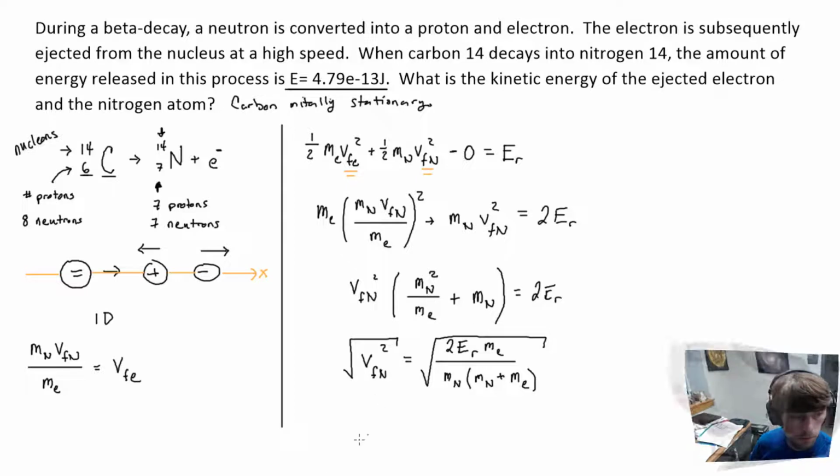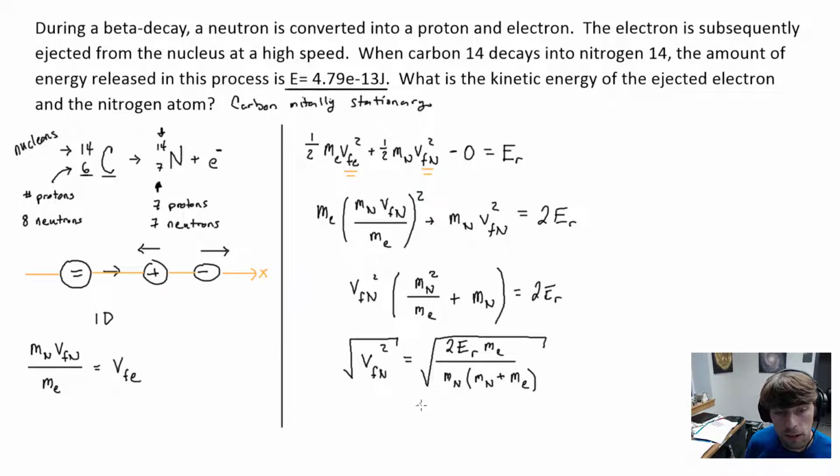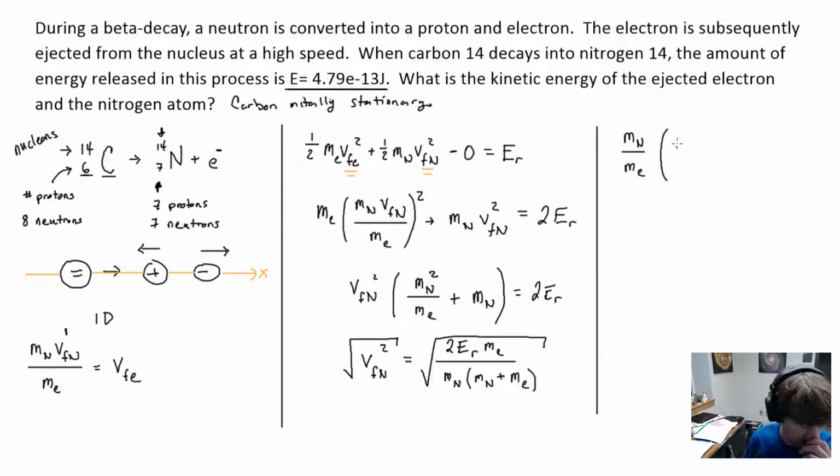There we go. Hopefully you can see the advantage to expressing it in this way. If we go back now and substitute it in right here, so I'll put another line in, we have the mass of the nitrogen divided by the mass of the electron times this quantity, 2 times the energy released, mass of the electron, divided by mass of the nitrogen times mass of the nitrogen plus mass of the electron.